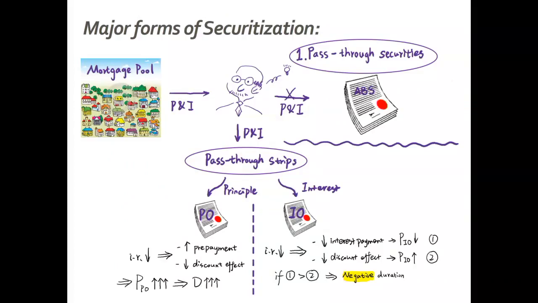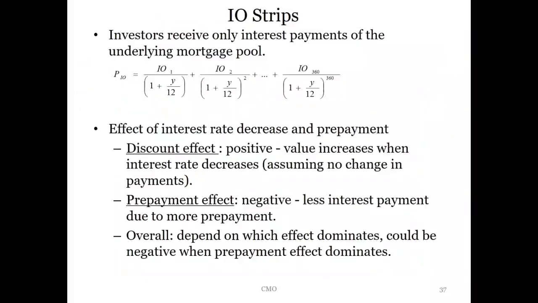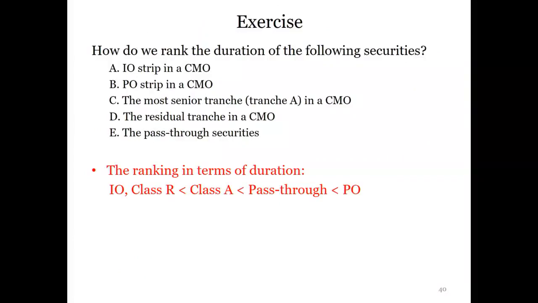So if we compare PO strip with pass-through securities, definitely PO strip is gonna have a longer duration. So that's how we rank the 5, from shortest to longest duration. Pass-through security, you could consider it as an average of IO and PO, so it's gonna be somewhere in the middle, right?